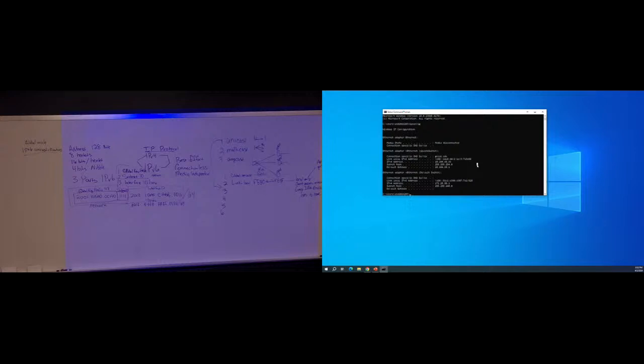Is that it? That should be it. It's working. Good. So our devices can all communicate on the IPv6 network through our FE80s, like the APIPAs.